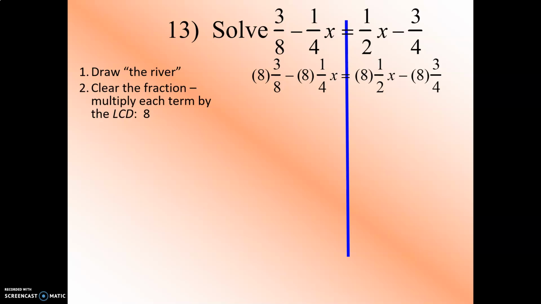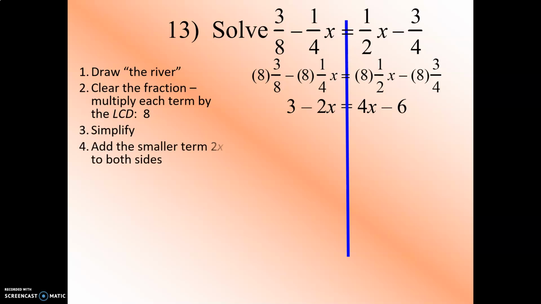The properties of equality say as long as we multiply everything by the same thing, it's not going to change our result. If we simplify, we get this. All whole number terms. No more fractions. We might still get a fraction for an answer, but while we're working on it, fractions are gone. Now we're back to the problems like in the previous slides.